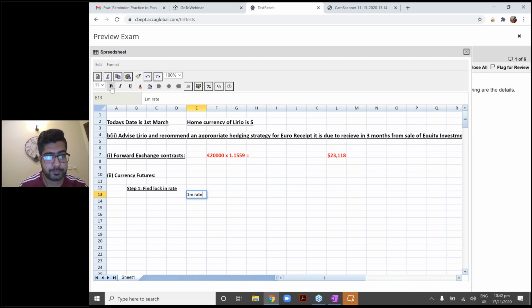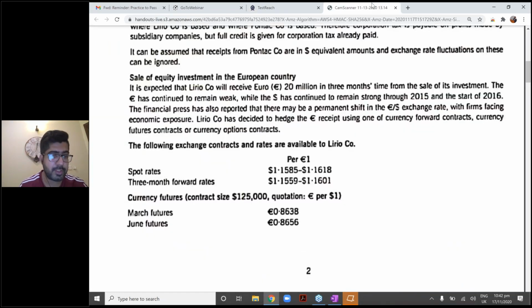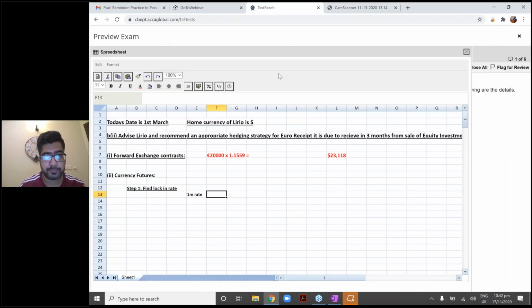in futures, you are given the 1-month rate, which is 0.8638. It was 30th March, so I took it as the 1-month rate. And you are given the 4-month rate.